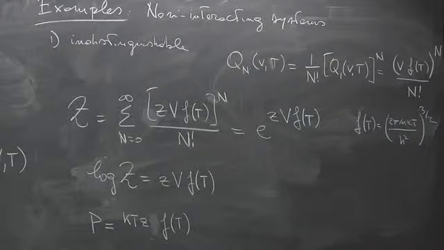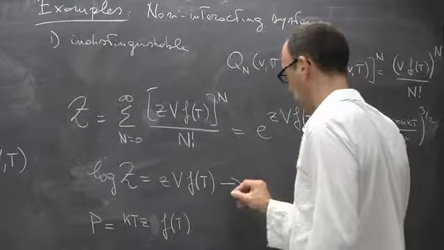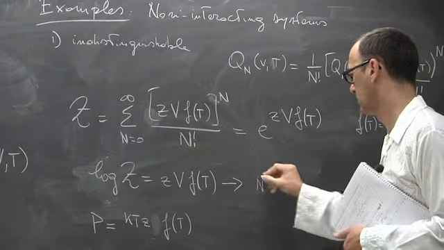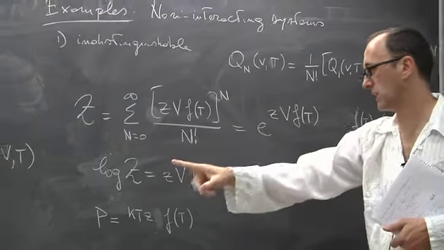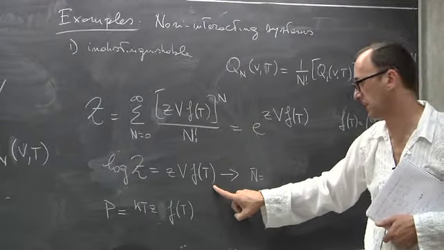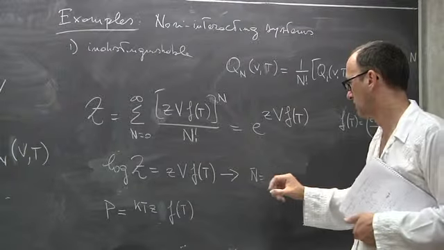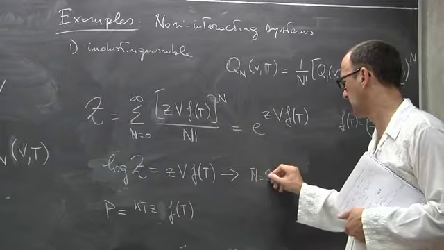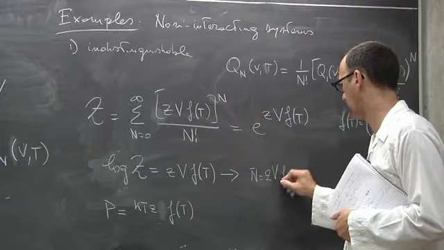And if I multiply by z, I get exactly n times z to the n Q_n, which is exactly the expected number of particles. In this case, the derivative with respect to z just gives me v times f of t. So the expected number of particles is z times v times f of t.